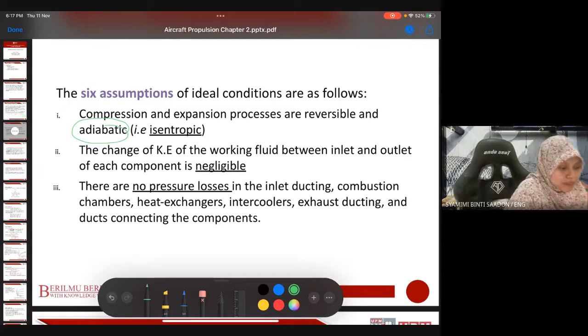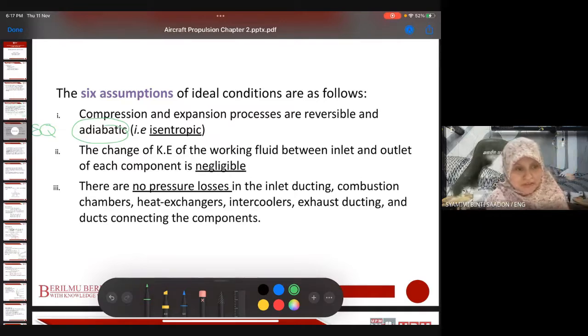If we assume that the compression or expansion is adiabatic, it means that delta Q, and I hope you have seen this notation delta or differential in the remedial engineering maths course, or we can also write dQ, the differential form, Q is the heat transfer.